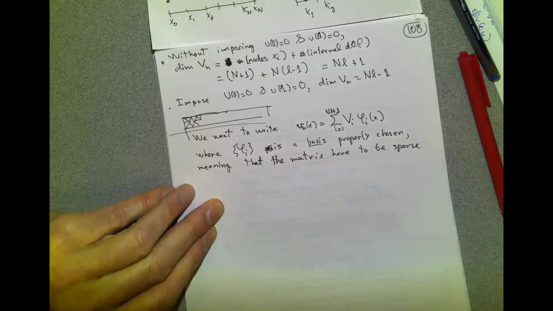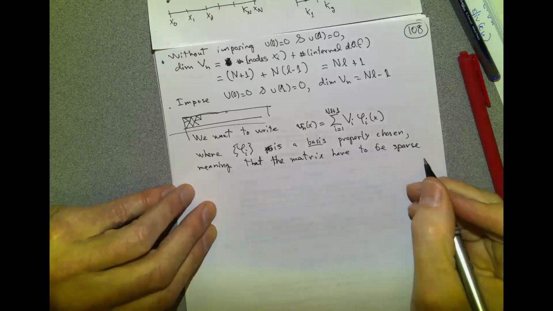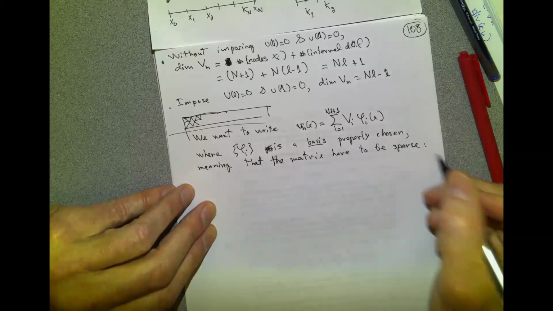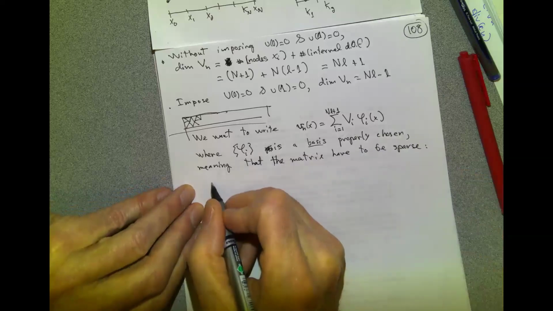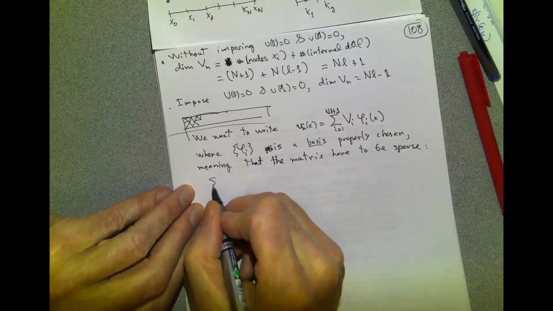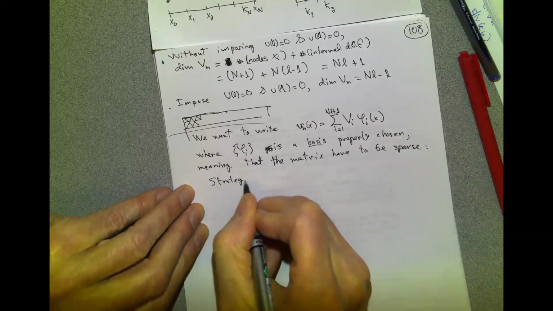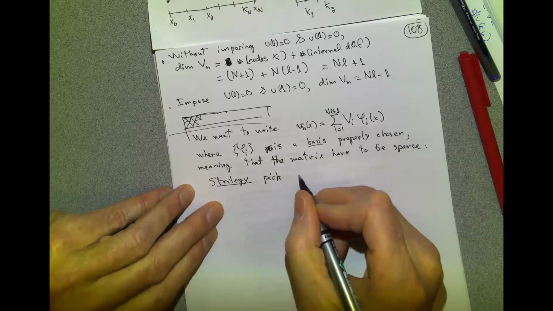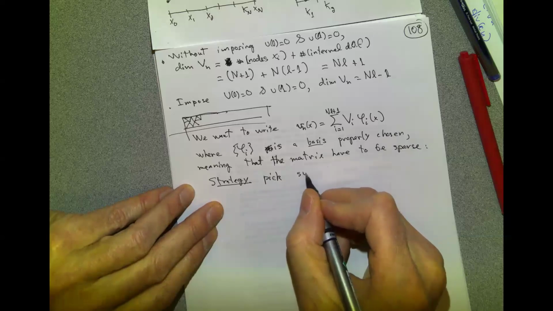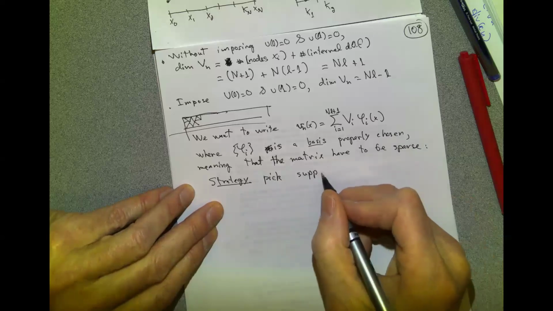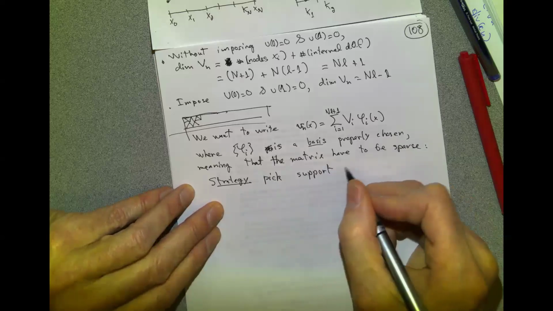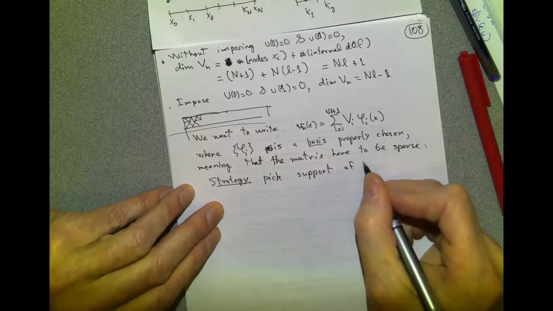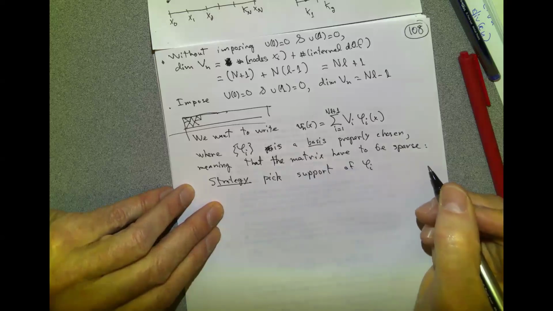And to do that, how are we going to do that? The strategy is to pick the support of the function phi i. You remember what the support of the function is?